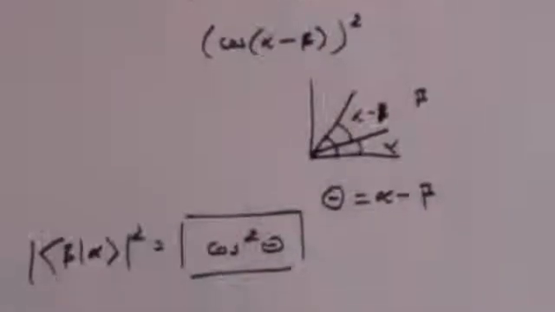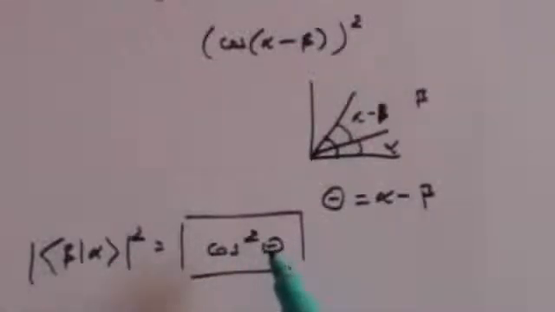And let's just see if that makes sense. What happens if alpha equals beta? They're the same angle. There is no difference between them. Theta will be 0. Cosine theta is 1. Cosine squared is 1. The probability of the photon going through a polarizer at the same angle is 1, of course. What happens if theta is 90?